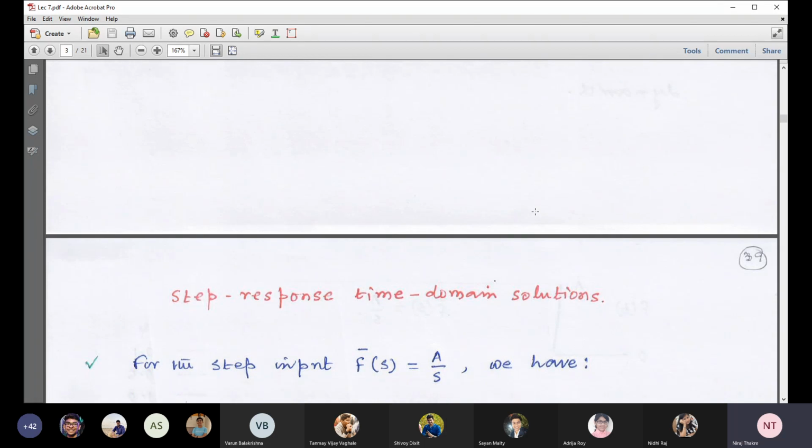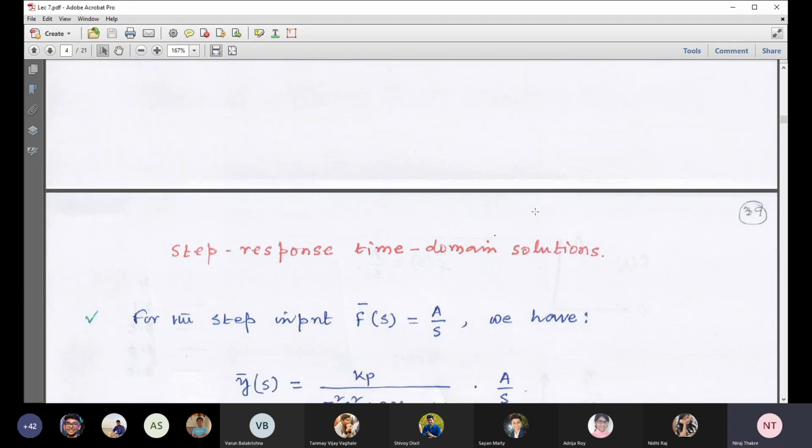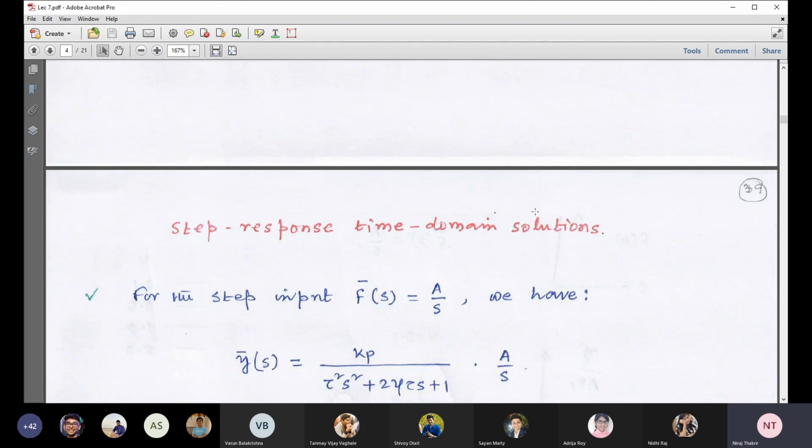Here we are considering step input with magnitude A. So F(s) we are considering as A by s. Now in place of F bar(s), we are simply substituting A by s.